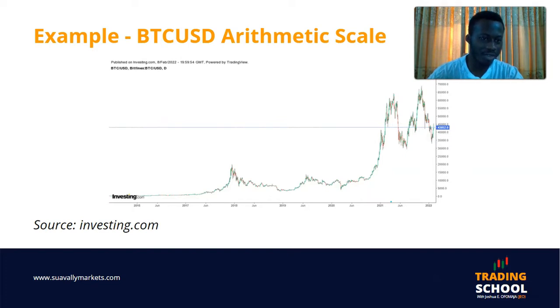It's just adding 5K each time on the y-axis, which is the price scale. So this is something we should note, because big moves in the past can suddenly look so insignificant. One of the biggest moves of Bitcoin, right till date, is still the 2017 move, not this one that looks so big here.